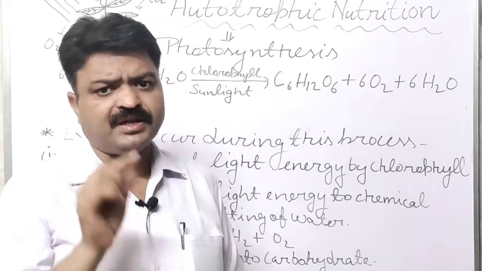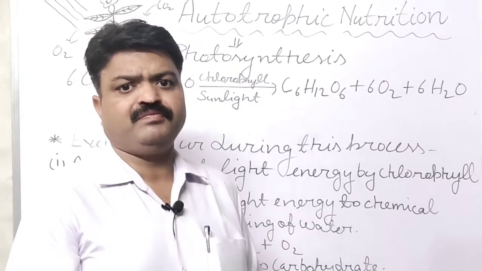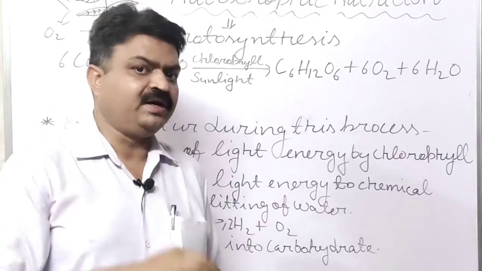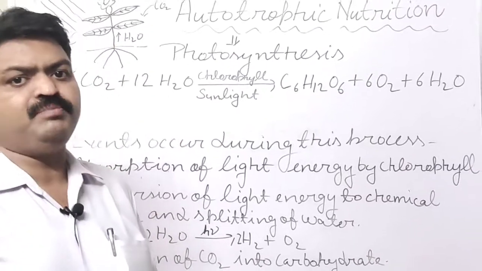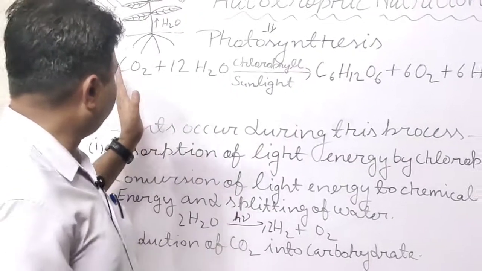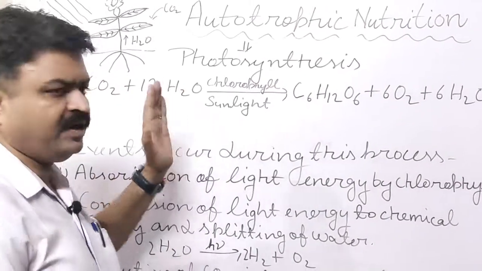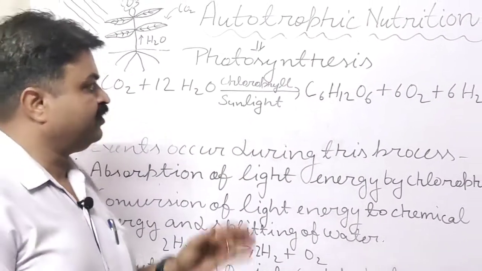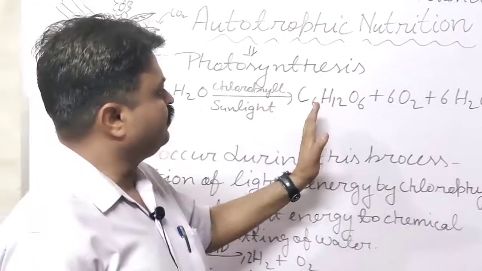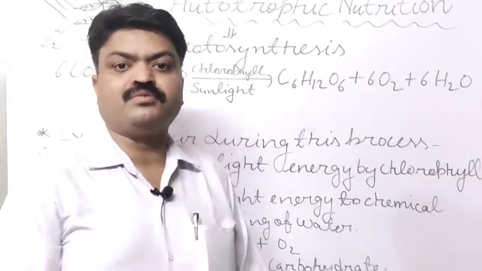Inside the leaves there are teeny pores that help the plant to get the carbon dioxide, and those teeny pores are known as stomata, students. So carbon dioxide is reacting with water, and what are they forming? They are forming carbohydrate or glucose.